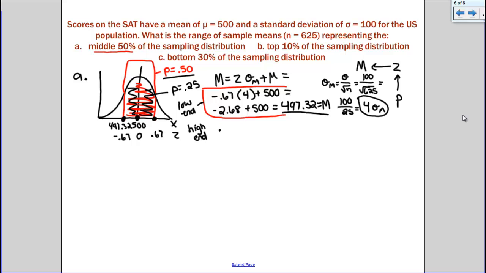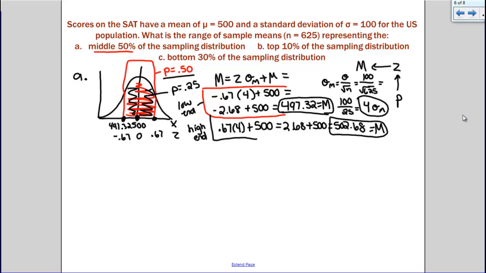So now we're going to have positive 0.67 times 4 plus 500, which gives us 2.68 plus 500, 502.68 is the mean for the high end. So squeeze it in there, 502.68. So that would be your answer.